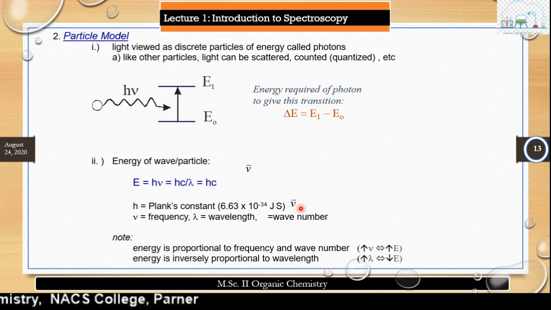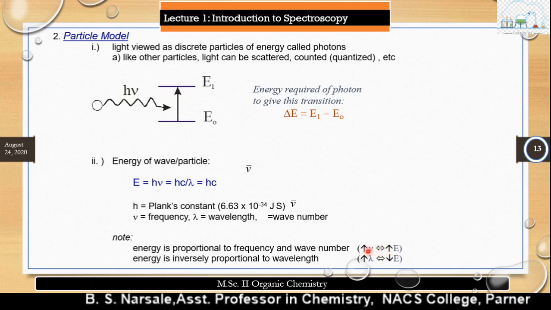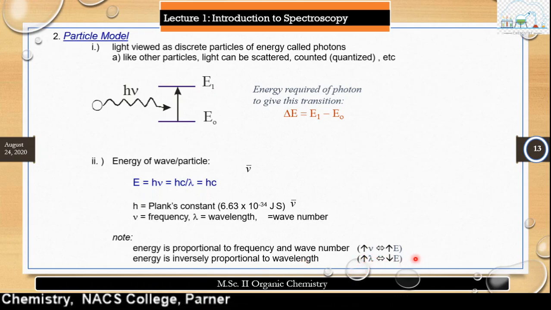Okay, you must know some notes. Energy is proportional to the frequency and the wave number. As energy increases, wave number increases, and it is inversely proportional to the wavelength. As wavelength increases, energy decreases, or vice versa.